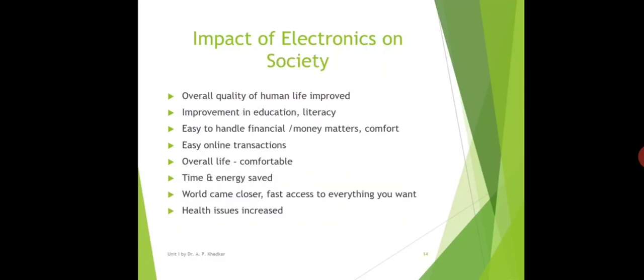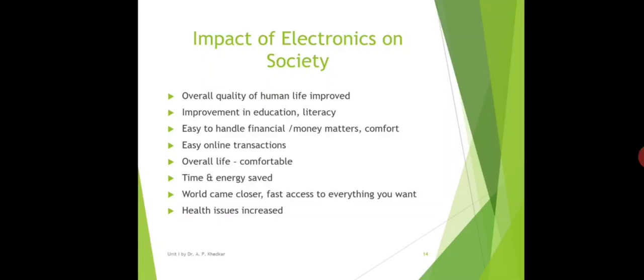Similar to industry, the evolution of electronics has made more impact on society also. Now, because of electronics and automation, it is very easy for us to manage operations by sitting at home.